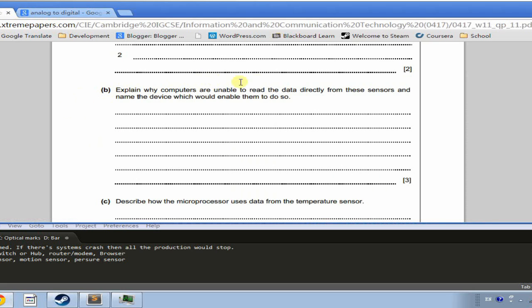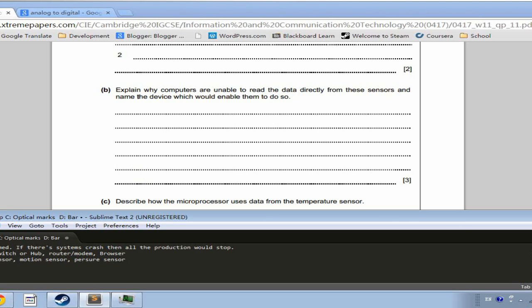So, explain why computers are unable to read directly from the sensor and name the device which would enable them to do so. You could probably say something like, sensors read analog data, computers use digital.